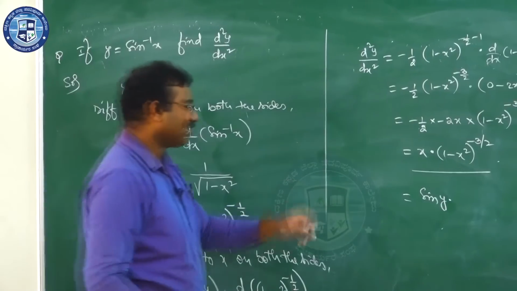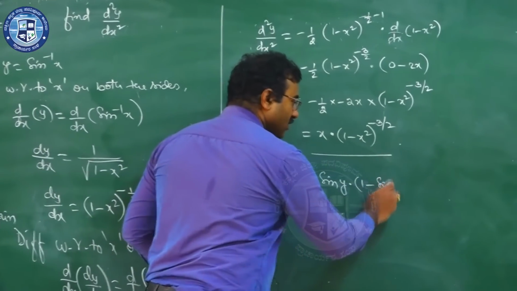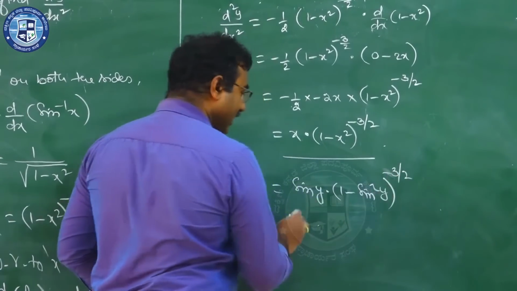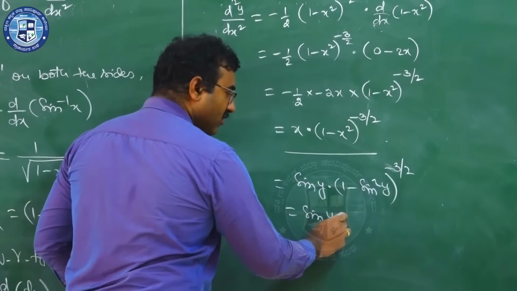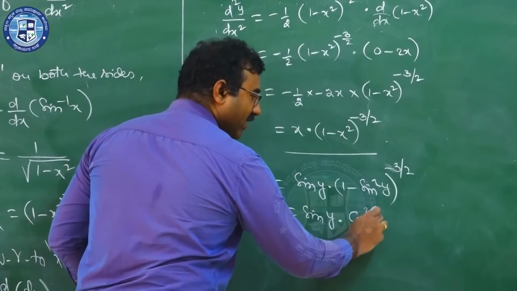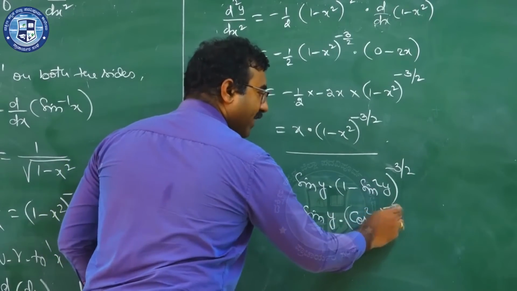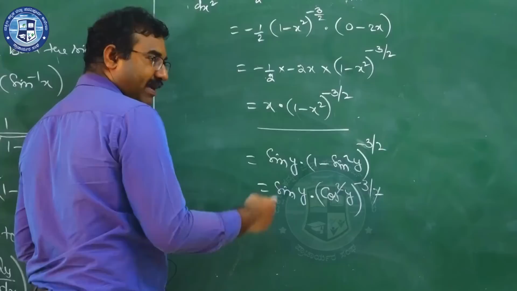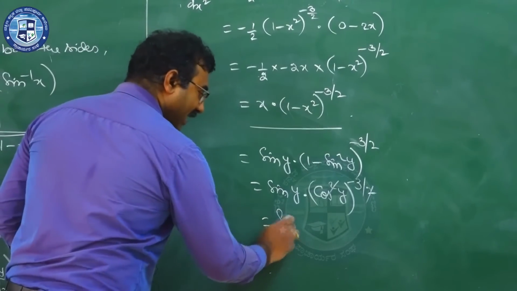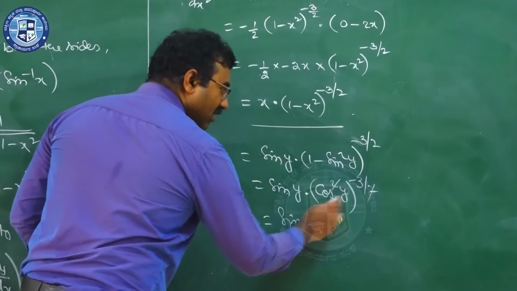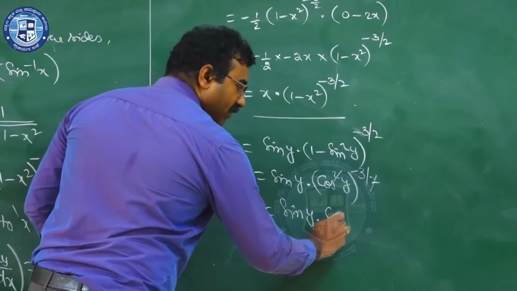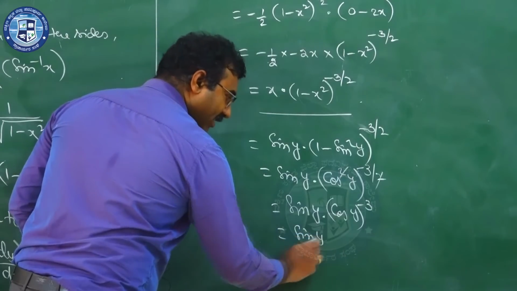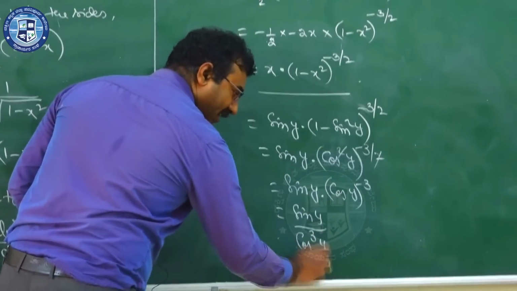So sine y into (1 minus sine square y) whole to the power of minus 3 by 2. That means sine y into (cos square y) whole to the power of minus 3 by 2. The 2 and this 2 cancel, right? x power m whole power n is x power mn. So sine y into cos y whole power minus 3, that means sine y by cos cube y.